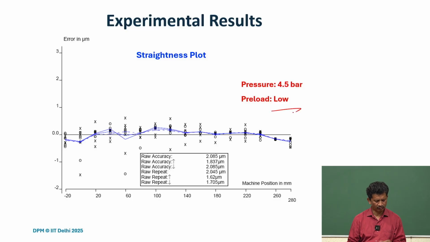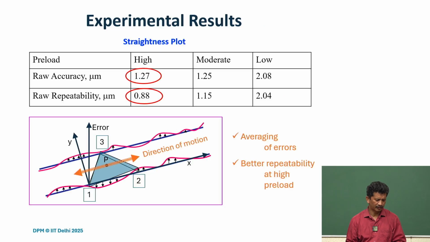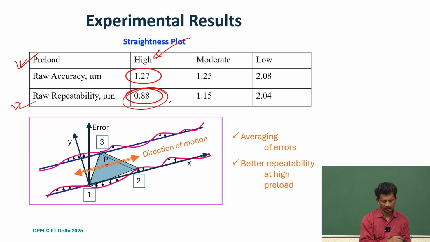So if it's low, you can see the variations, and when we try to put them together, what we realize is that if the preloading is high, the repeatability is of the order of 0.88 micron.